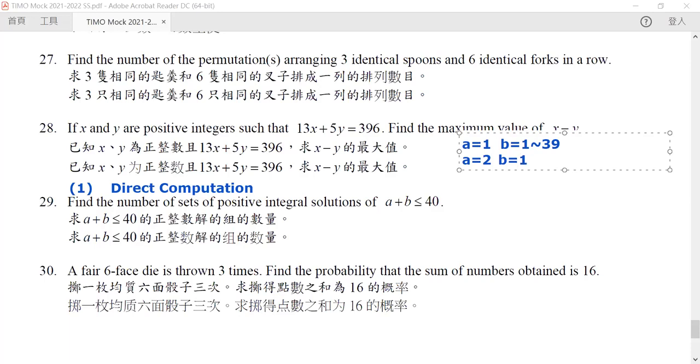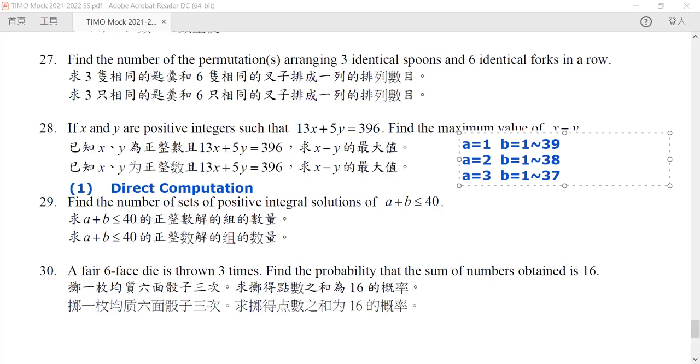B must be from 1 to 38, which means that there are only 38 choices. And if our A is equal to 3, then our B can only have 37 choices. It can only go from 1 to 37.